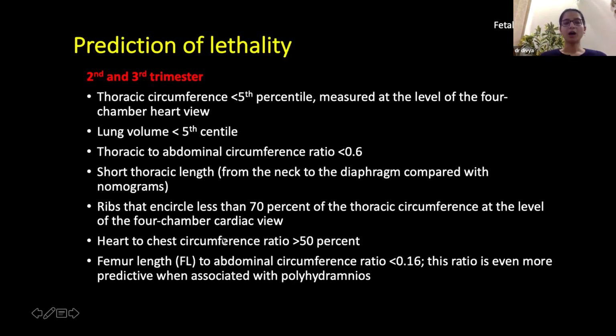And so a heart to chest circumference ratio more than 50% is another predictor that has been used to predict lethality. And finally, as I said, a femur length to abdominal circumference ratio less than 0.16 is suggestive of a skeletal dysplasia. But when it comes with a combination of polyhydramnios, then it is suggestive of pulmonary hypoplasia and again a predictor of lethality.